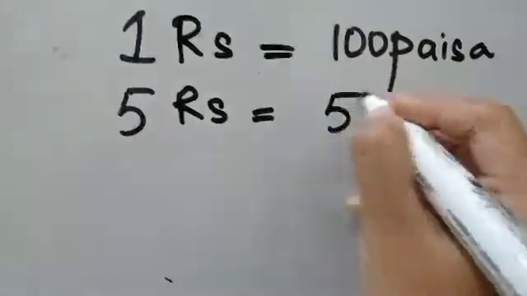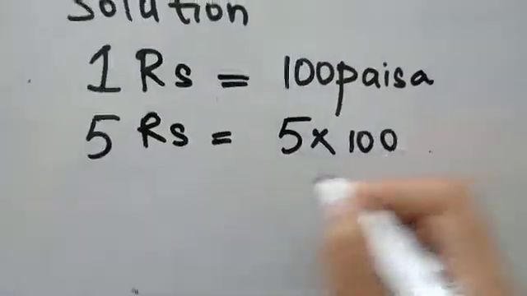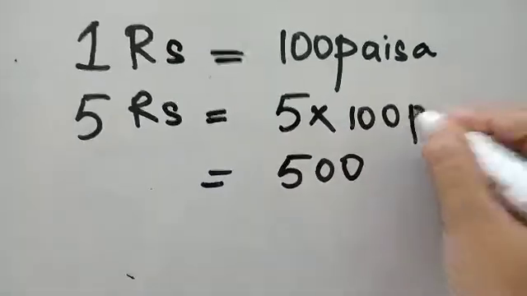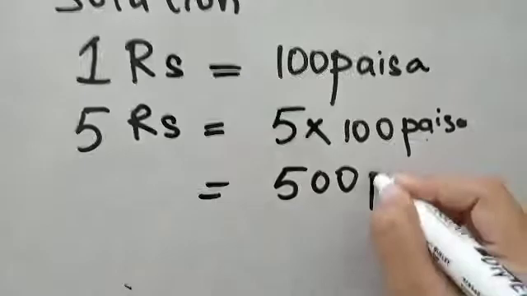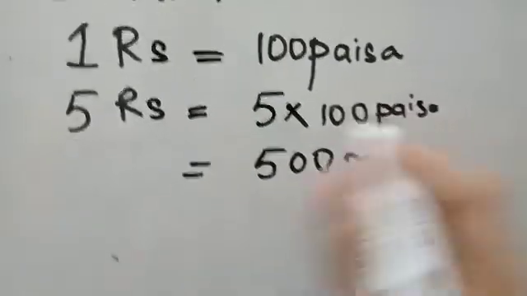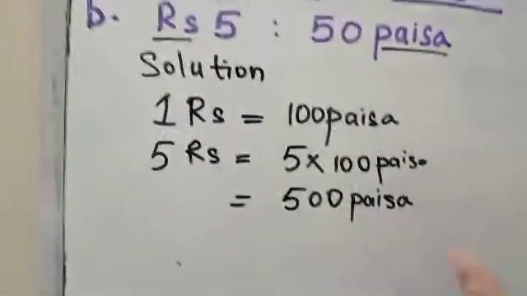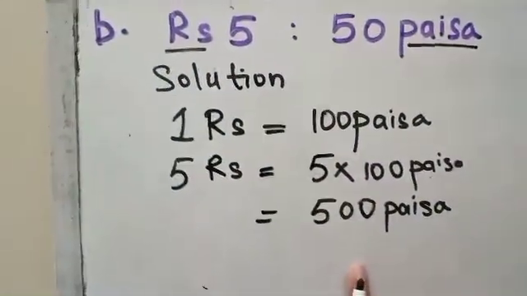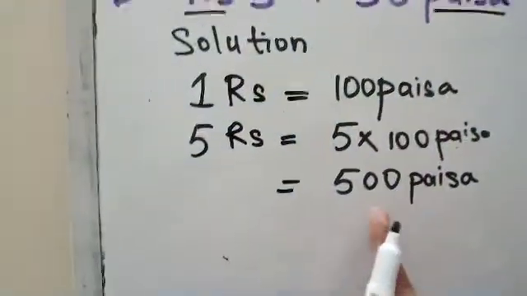So 5 multiplied by 100 is equal to 500 paisa. My conversion is done. Now I will write my original question. So now instead of rupees 5, what will I write? 500 paisa, because I converted rupees 5 into paisa.